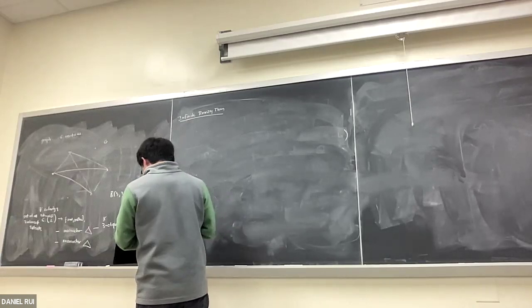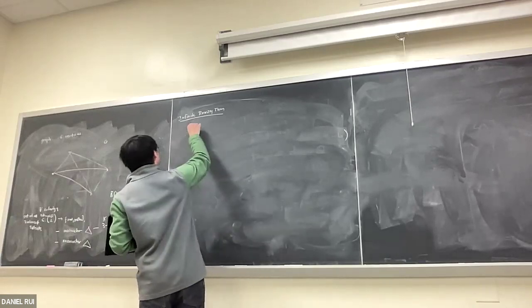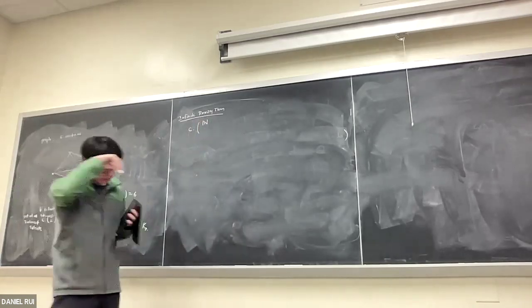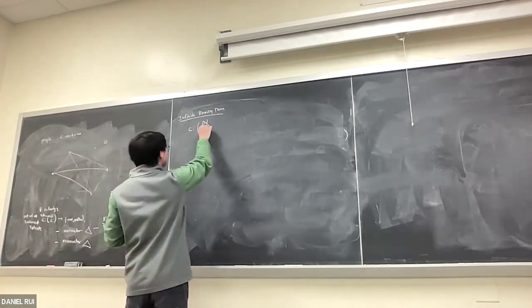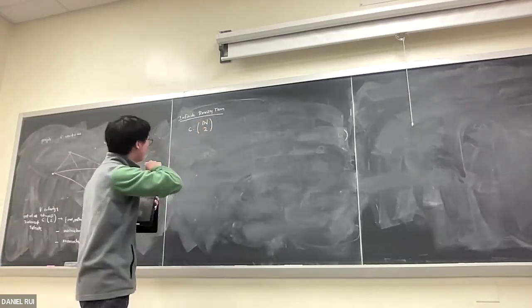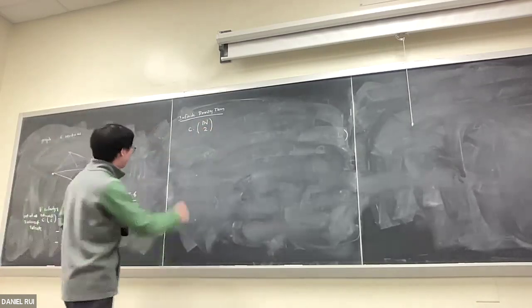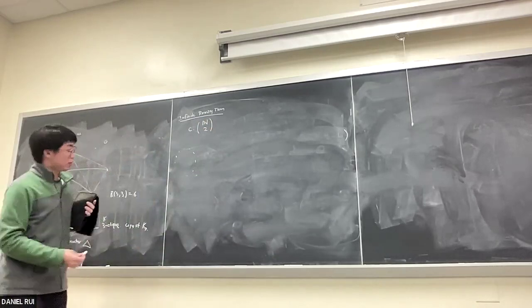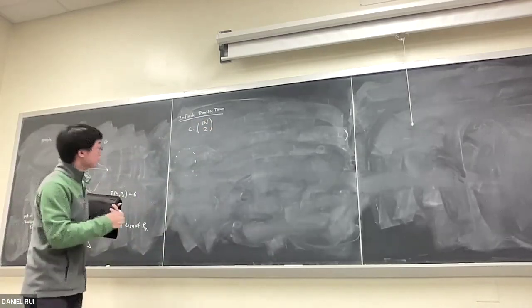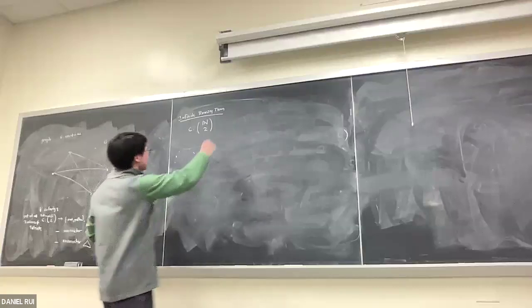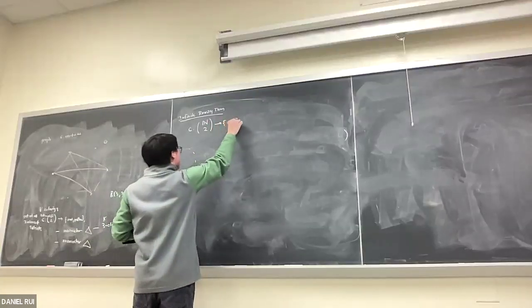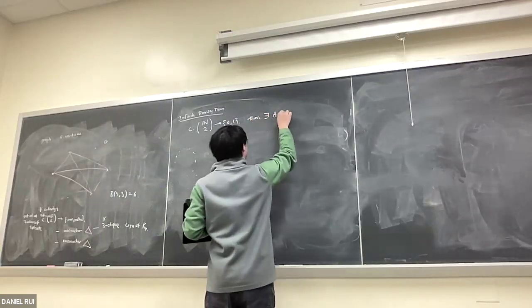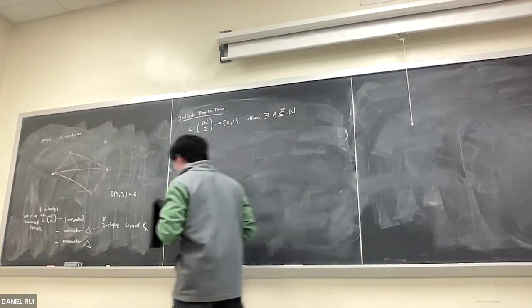So here's the statement. I have a coloring on all size 2 subsets of the natural numbers. So you can think of an infinite graph with, in this case, red or yellow edges between all of them, and every edge is some color. Then there exists an infinite subset A, which I'm going to denote with this symbol.